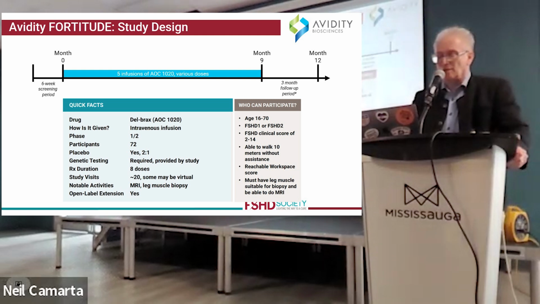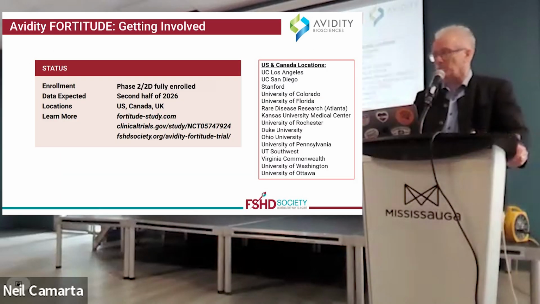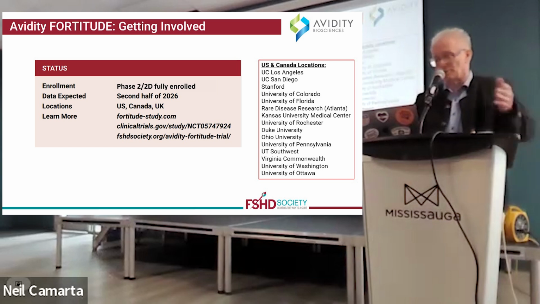The study is fully enrolled at this point, and I look forward to hearing more about this. It's an international trial, but Ottawa is the Canadian site, and hopefully things move along as expected.